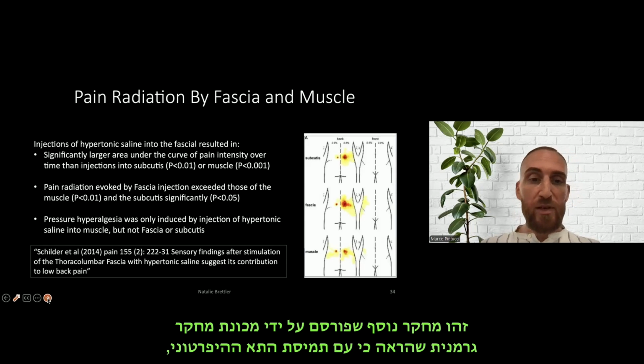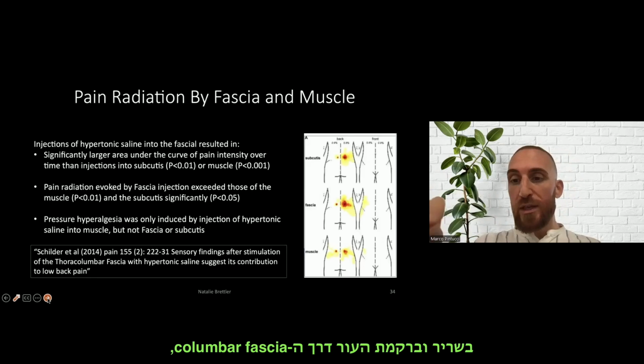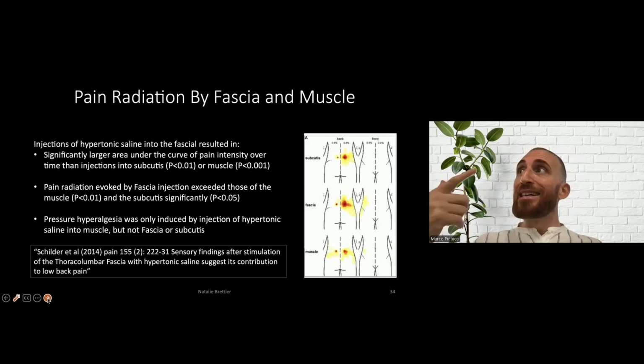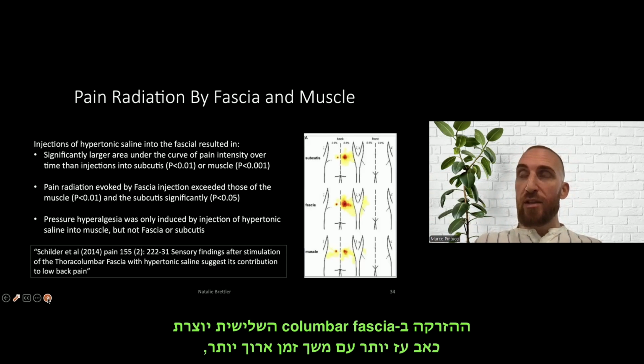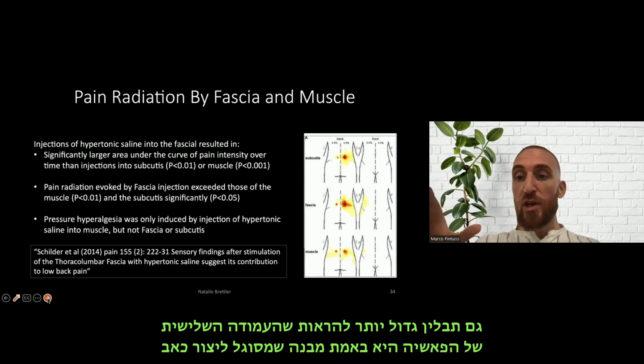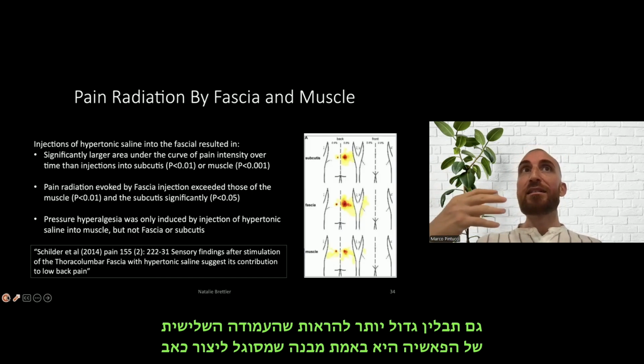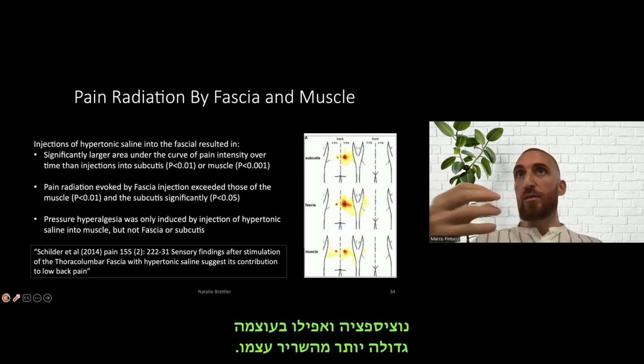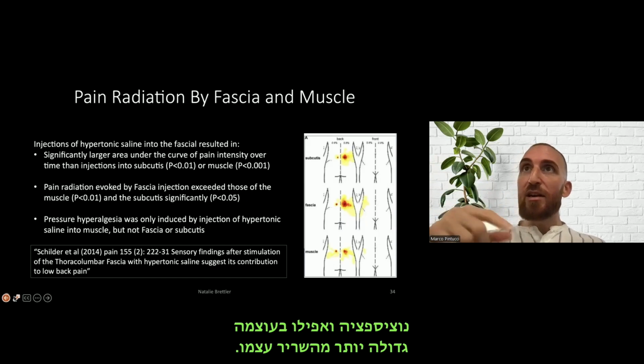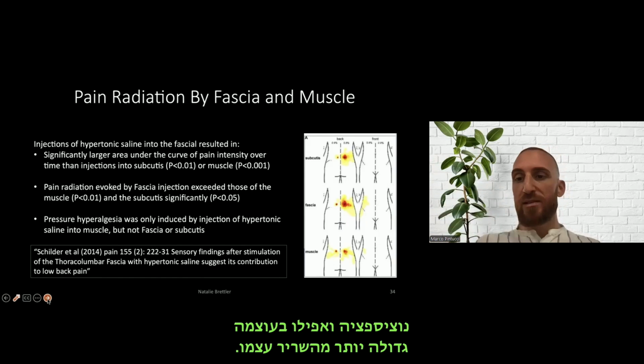This is another study published by the German researcher Schindler that showed that with hypertonic saline solution in the muscle, subcutaneous tissue, and thoracolumbar fascia, the injection in the thoracolumbar fascia creates a more intense pain with longer duration, also a larger spatial irradiation, showing that the thoracolumbar fascia is really a structure that is able to create nociceptive pain, and even of greater intensity than the muscle itself.